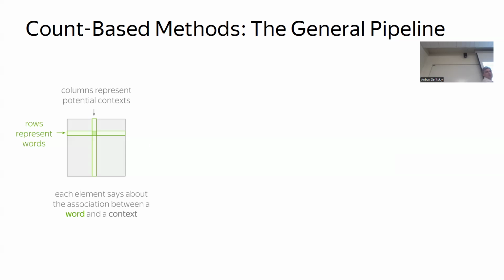So you will create this matrix. Do you understand how to create the matrix? You just count the frequencies of your context word in the window around the central word.